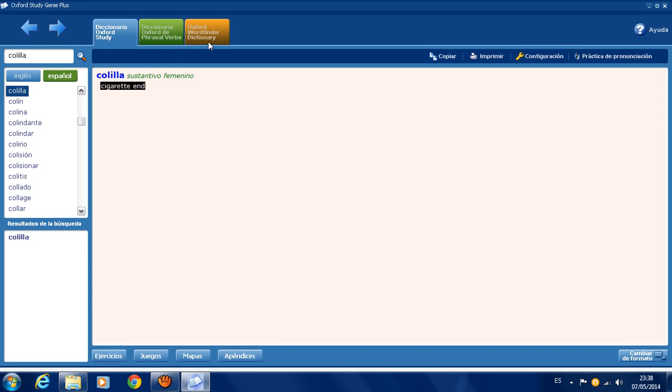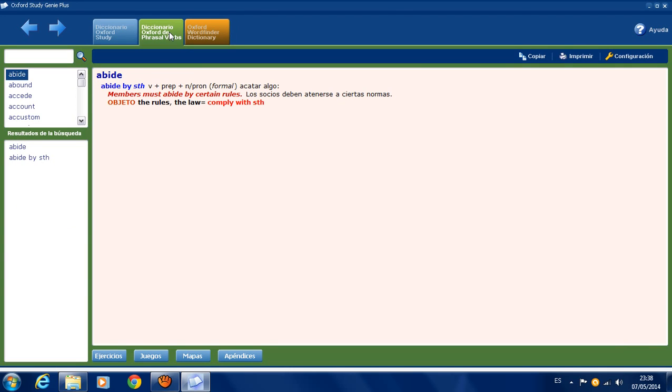Then if you go to the green part, you have the Oxford Dictionary for phrasal verbs. If you don't remember what a phrasal verb is, or its definition or usage, let me tell you that phrasal verbs are also referred to as two-word verbs, or sometimes three-word verbs, and they're made of a regular verb root accompanied by one preposition or two.